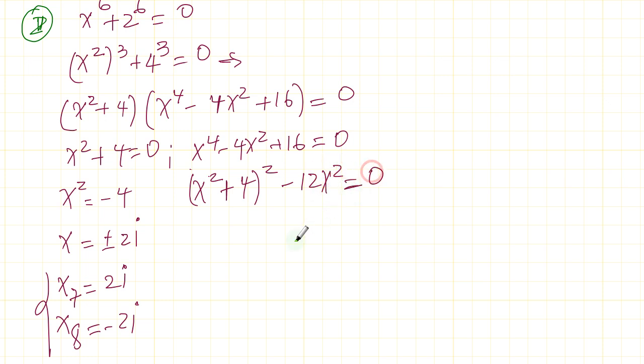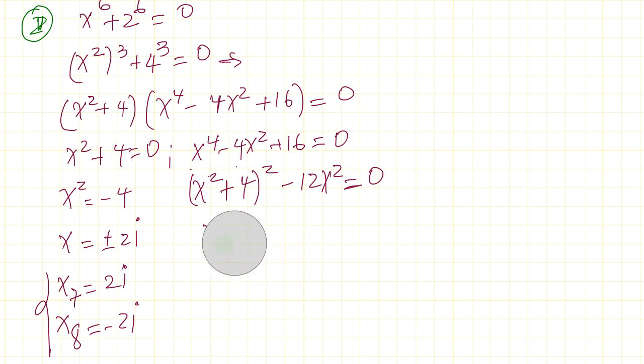This is the same thing, because this one here would give us x to the 4 plus 8x squared, but I have here minus 4x squared. That's why I took minus 12x squared here.